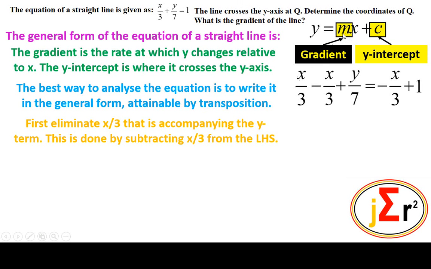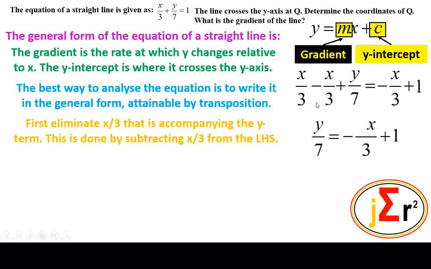And the form requires that, as we have it here, the term in x goes first. We will place the negative x over 3 first. Now, there should be no discrepancy, because if we have 1 subtract x over 3, that will give the same result as negative x over 3 plus 1. It does not matter where we place the terms, as long as the overall value will be the same.